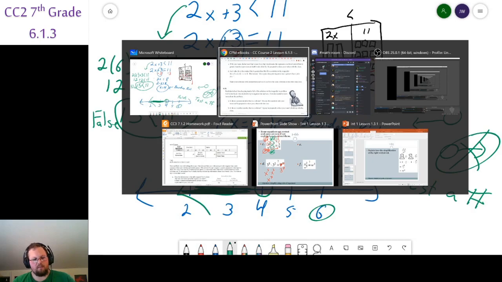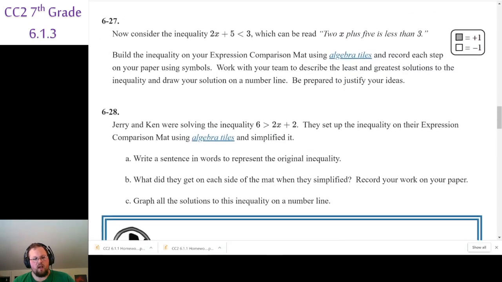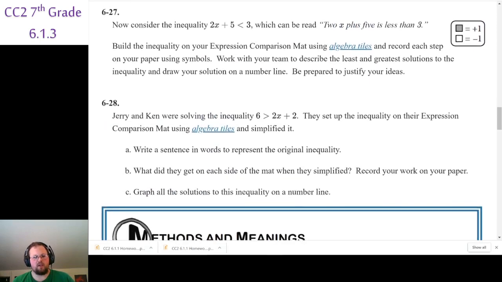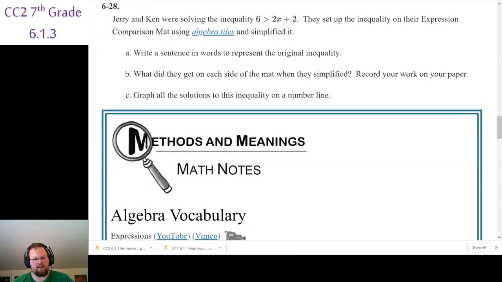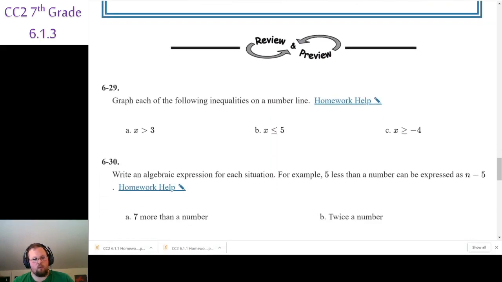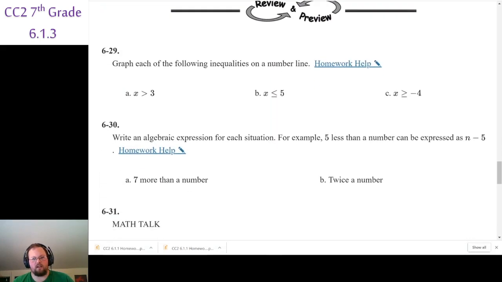So as much as there was in this section, I would much rather you be able to work through and then solve for the boundary point and then get there. On your homework for this, when you go to graph the inequalities on the number line, this is what I was talking about with this.